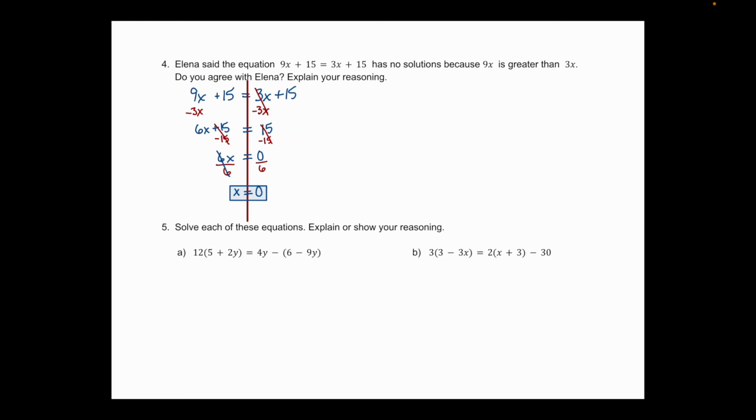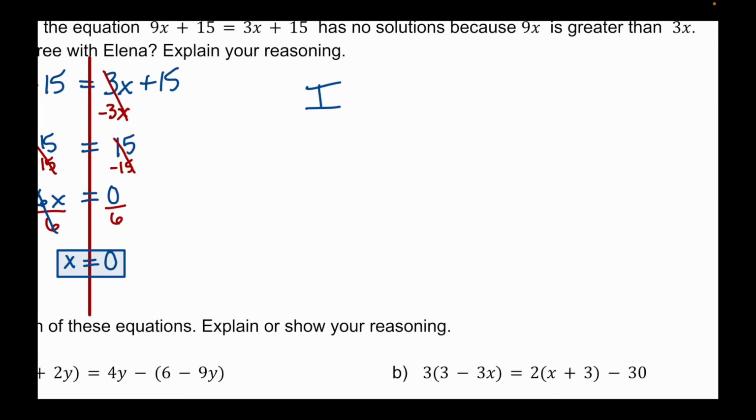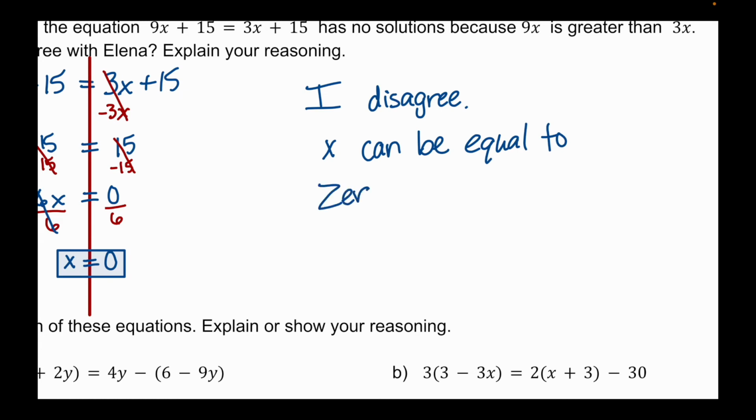That is going to bring us down to number 5. You know what? Actually, let me put my reasoning here. So I'm going to say I disagree. X can be equal to 0. And x being equal to 0 doesn't mean it's not a solution.